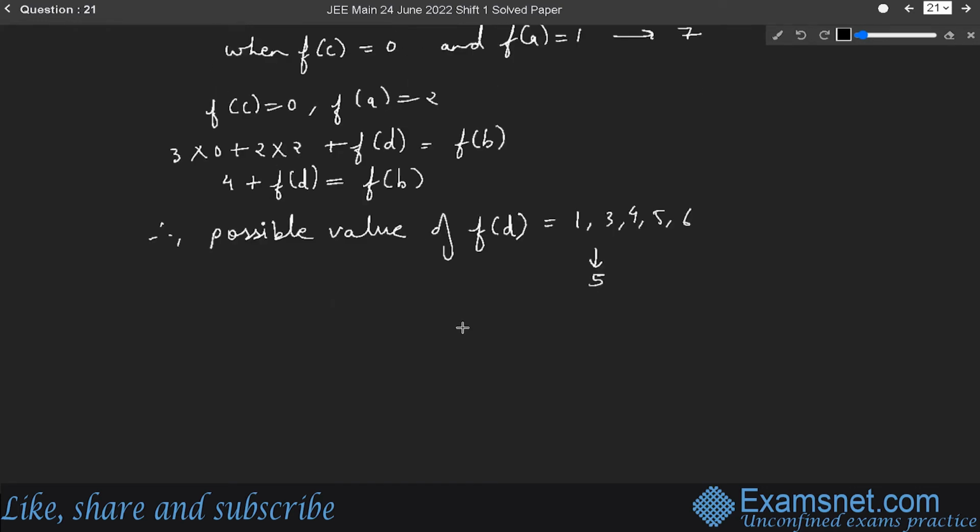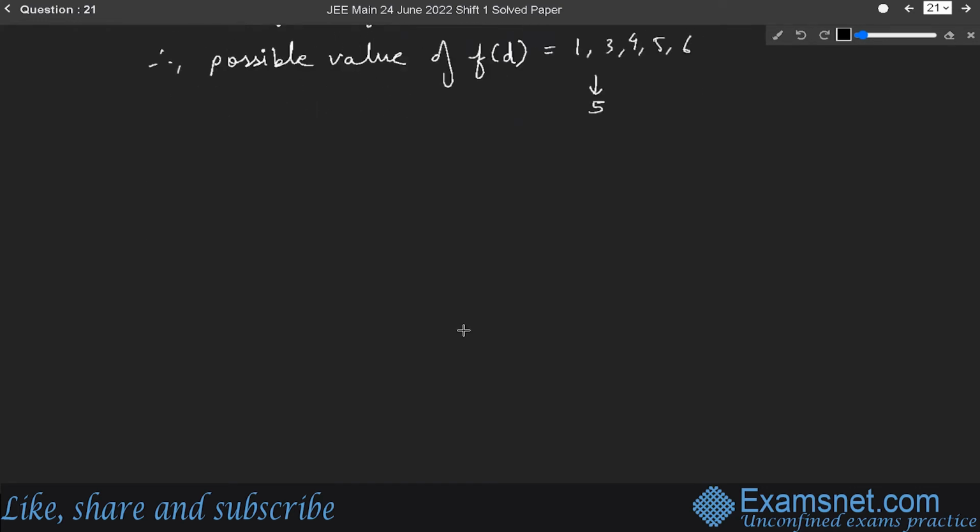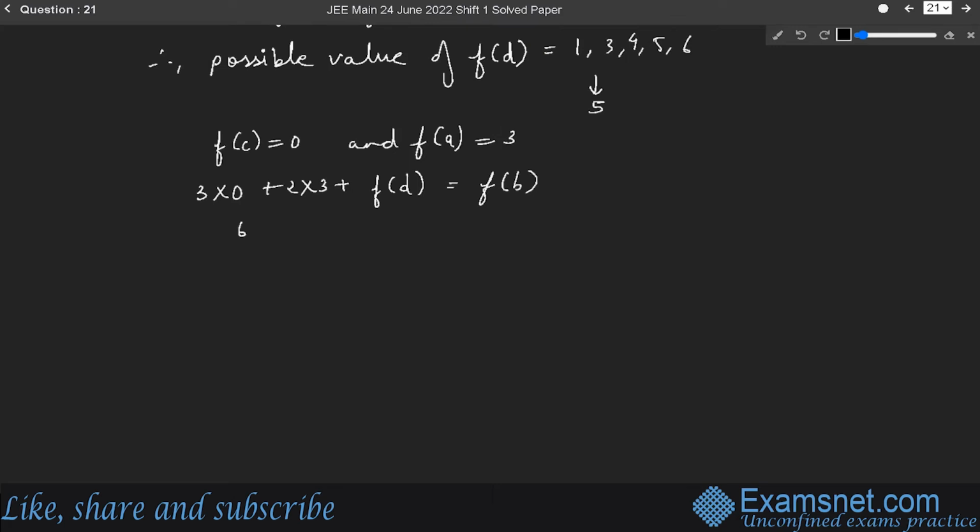Now the third case is when f(c) is equal to 0 and f(a) is equal to 3. In this case, 3 into 0 plus 2 into 3 plus f(d) will be equal to f(b), or we can say that 6 plus f(d) will be equal to f(b).